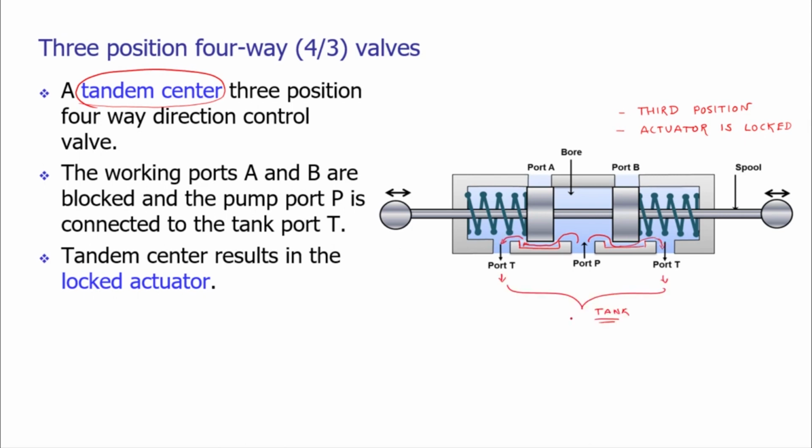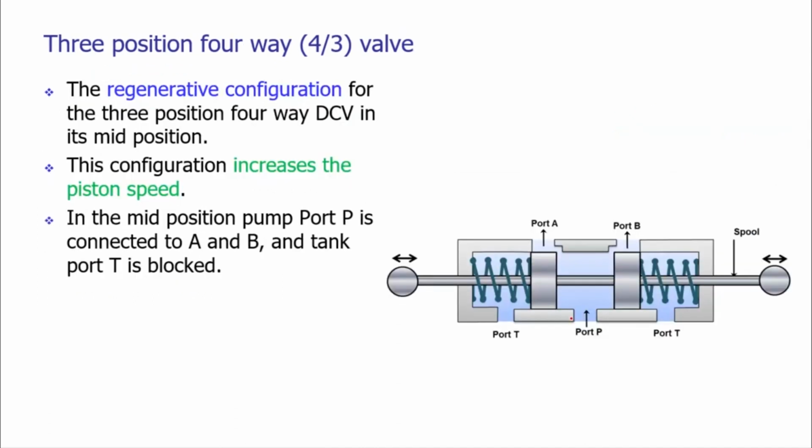So during this third position, we can easily protect the entire system from unnecessary heating due to the continuous pumping of energy from the pump. In certain cases, we are using a regenerative configuration as well.